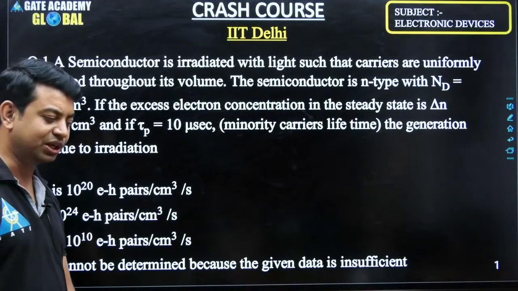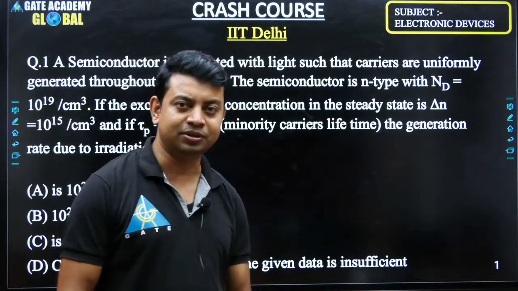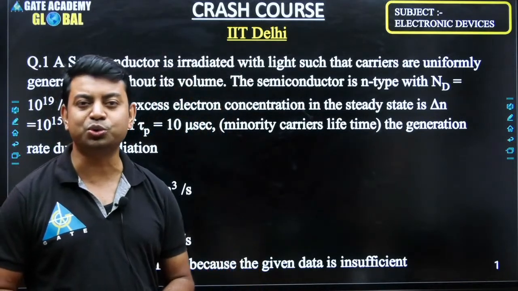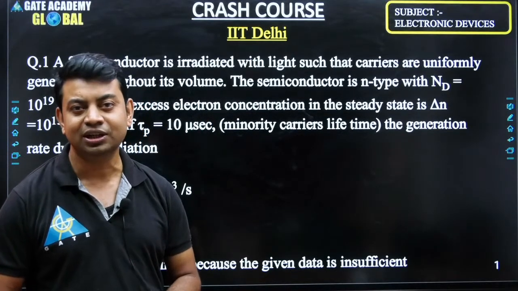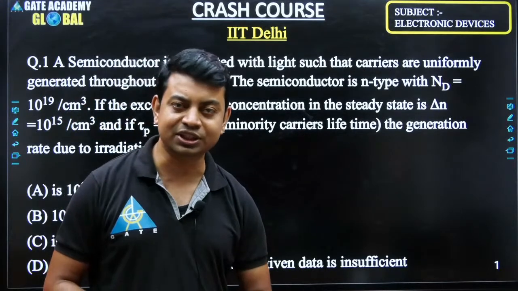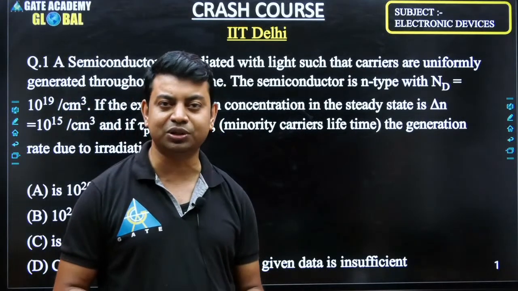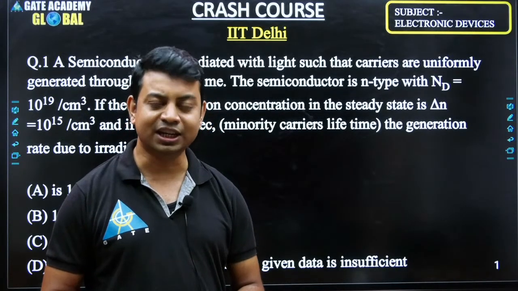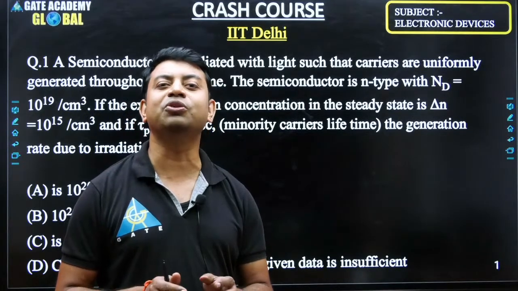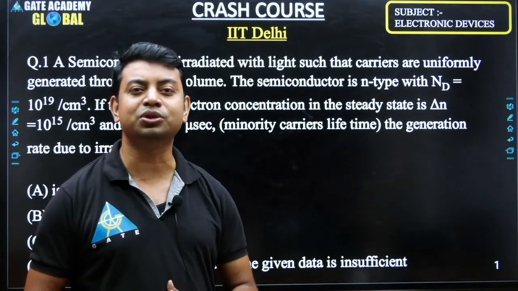Whenever the semiconductor is uniformly illuminated with light sources, the electrons or holes are generated within the semiconductor uniformly. In that case, there is no variation of the charge carriers with respect to distance, and because of that, a semiconductor uniformly irradiated with light is analyzed in terms of time.